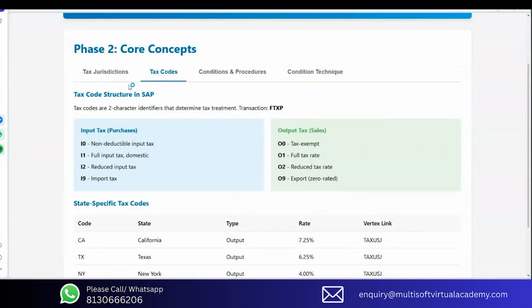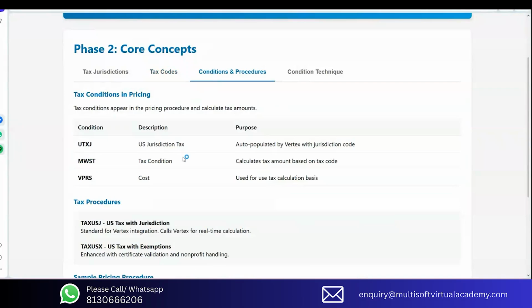See, you don't need to think about how we are going to do the job. Just understand the concept alone here. During simulation, I will explain everything. This is a tax jurisdiction. This is a tax code. Now, this is the condition and procedure. Normally, when you're doing any pricing, the condition is most important.